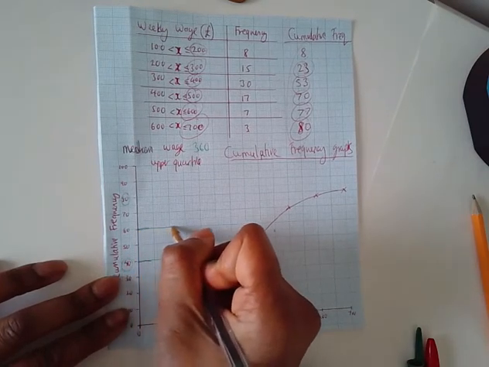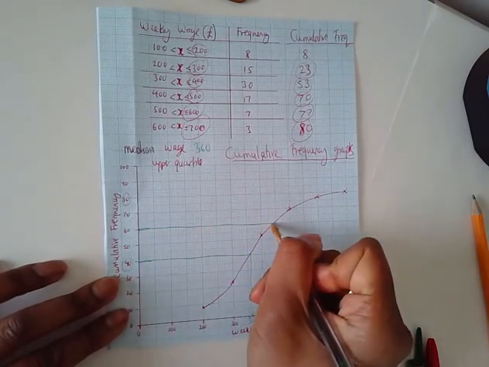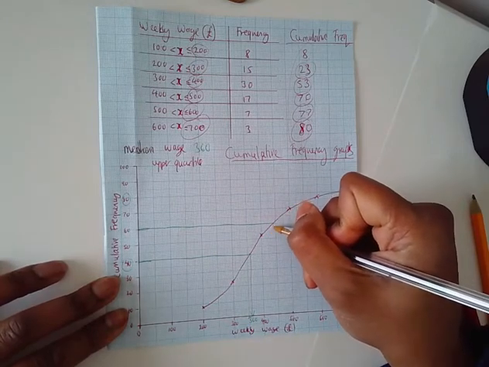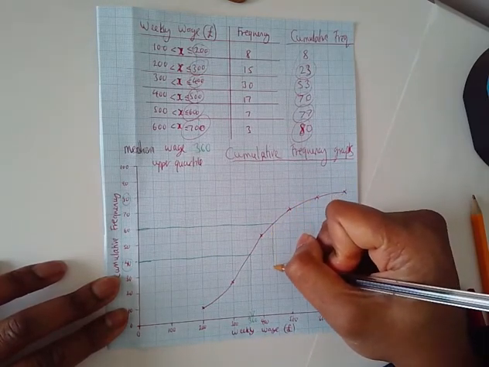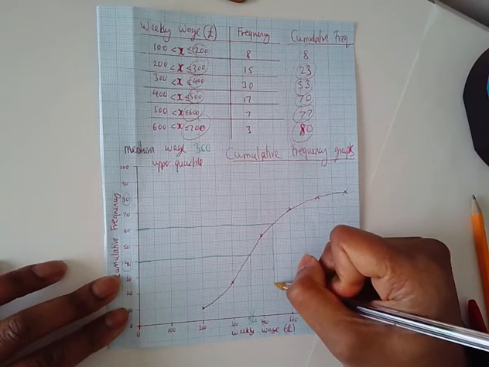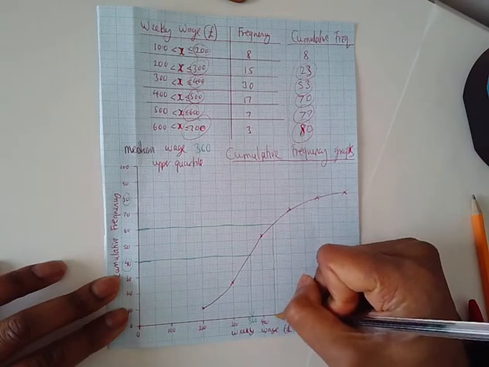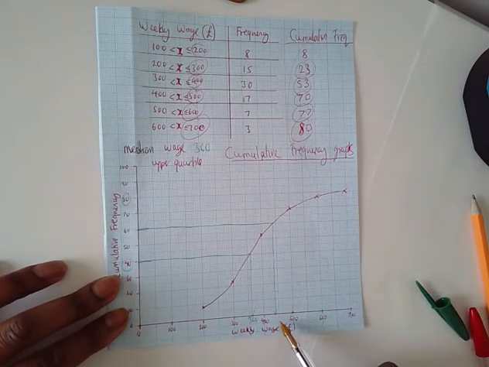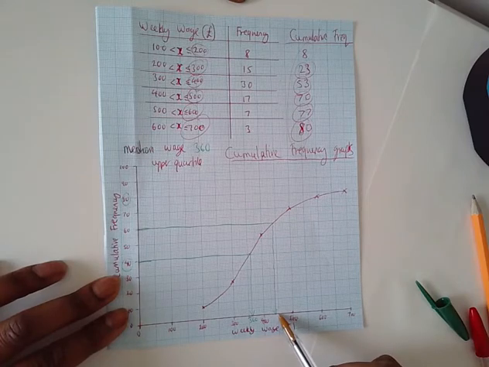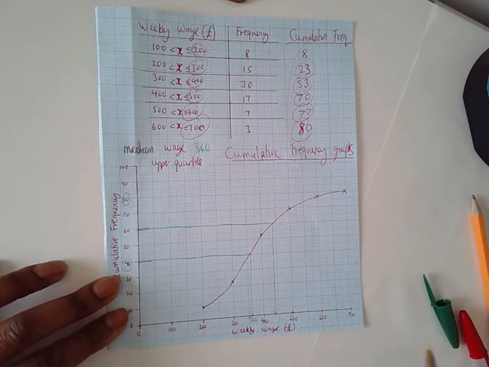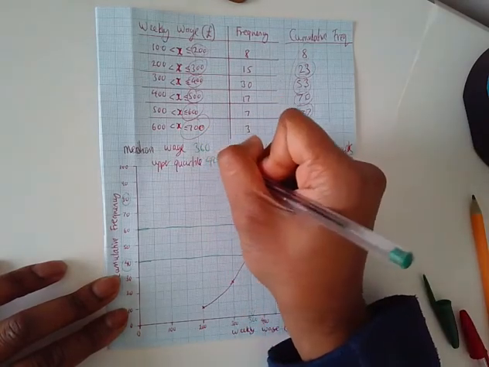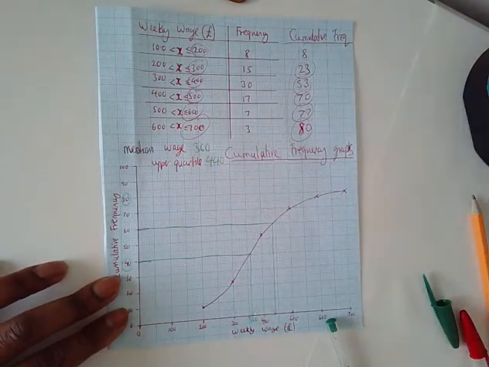Keep going across, touch the graph, go down. It's better to use a ruler for this. That's just a little shy of 450. Go back, that's 440. So the upper quartile is 440.